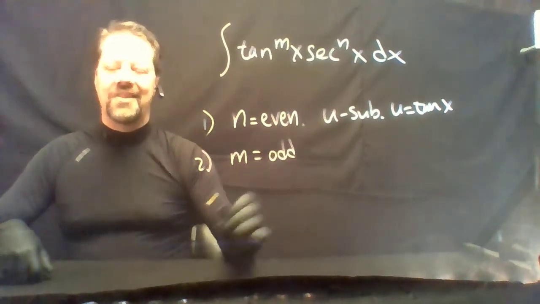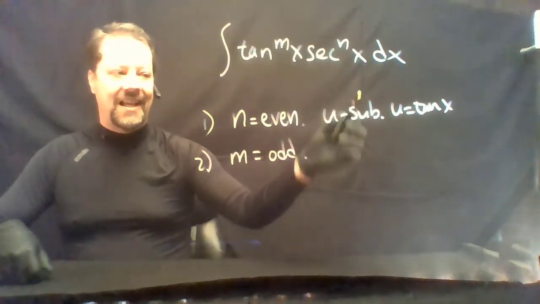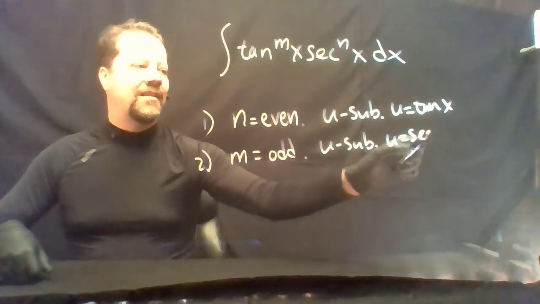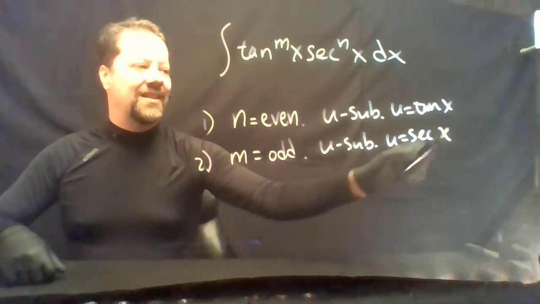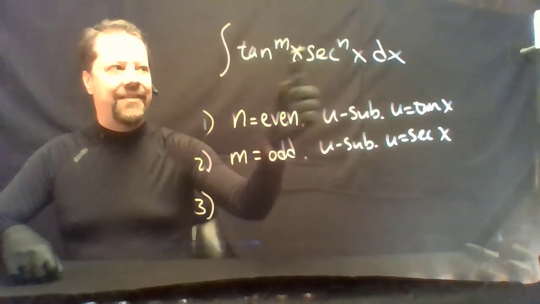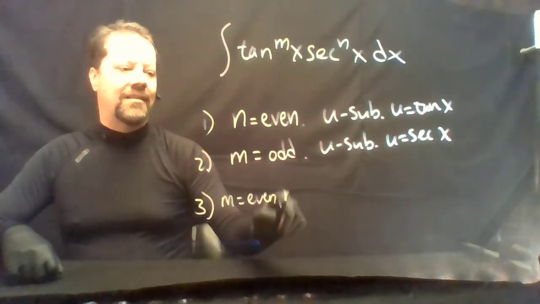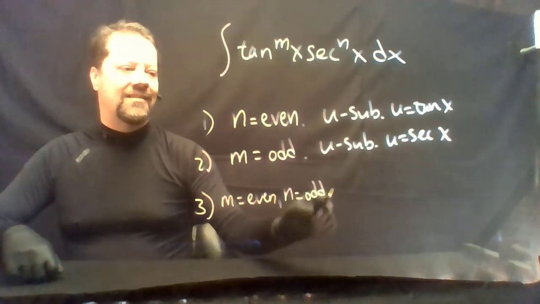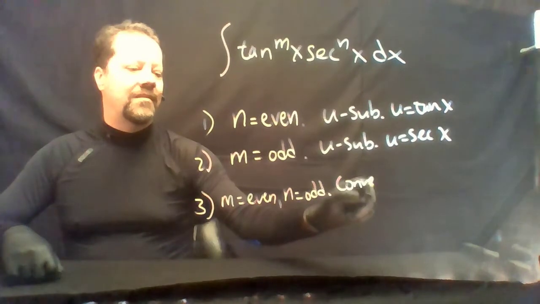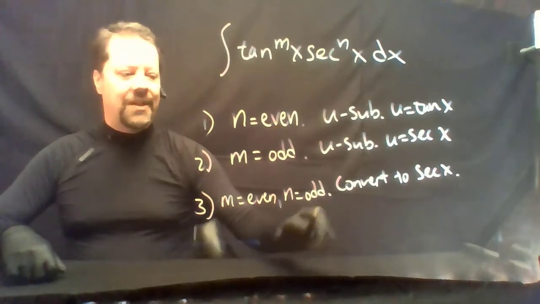If m is odd, you split off a tangent and a secant, and then you do a u sub, u equals secant x. And third, if m is even and n is odd, then you convert all the secants and use reduction formulas.